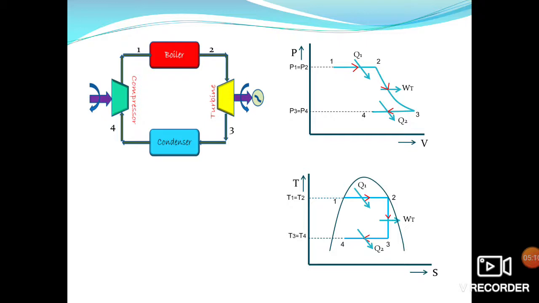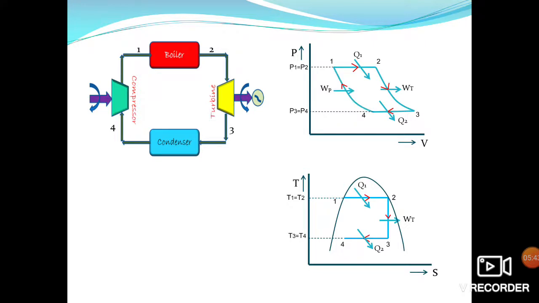Now next is the compressor. Compressor works exactly reverse of the turbine. That is, in turbine we get work output and there is drop in pressure and temperature, whereas in compressor work is done on the compressor and there is rise in pressure and temperature, and the pressure from point 4 will come back to 1 by isentropic compression.